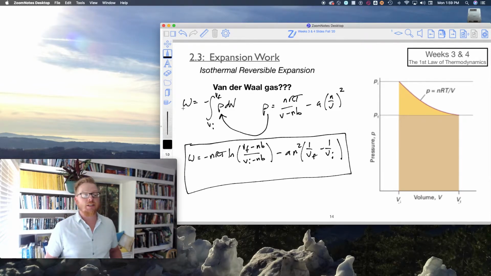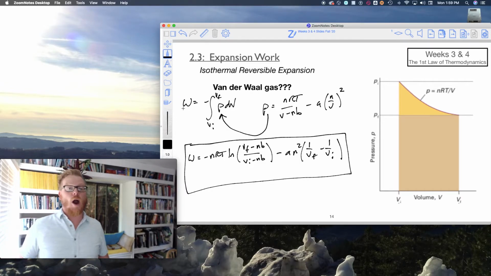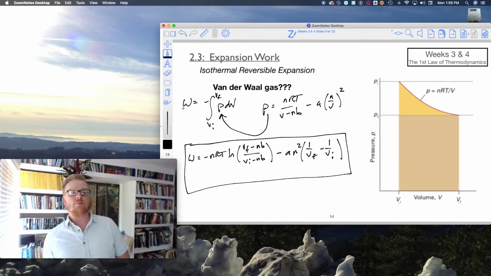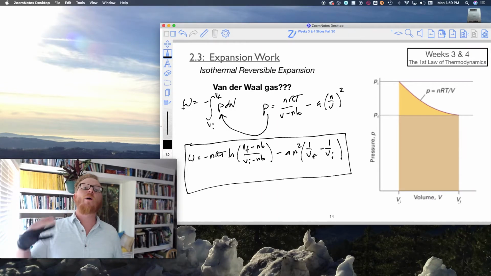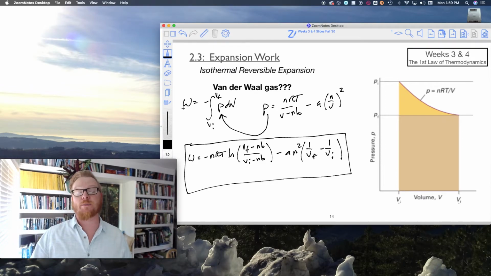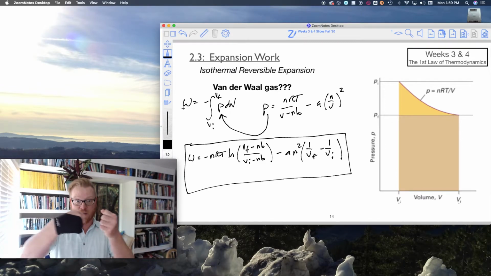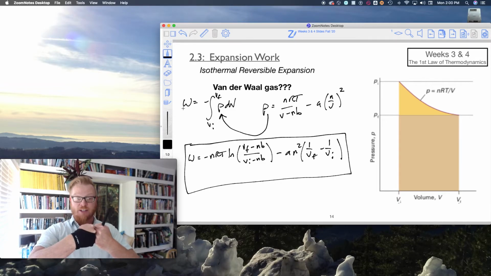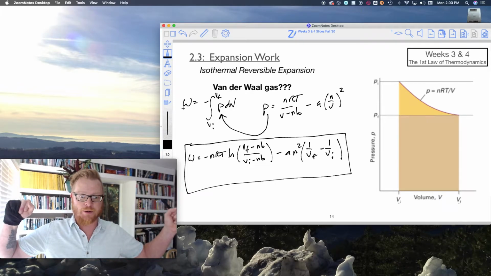And now the question is, does it require more work to reversibly expand a van der Waals gas or an ideal gas? Well, that depends on what regime you are in. If you are in the regime where attractive forces dominate, it will be more work to expand a van der Waals gas, because the molecules are being attracted to themselves and you have to pry them apart.